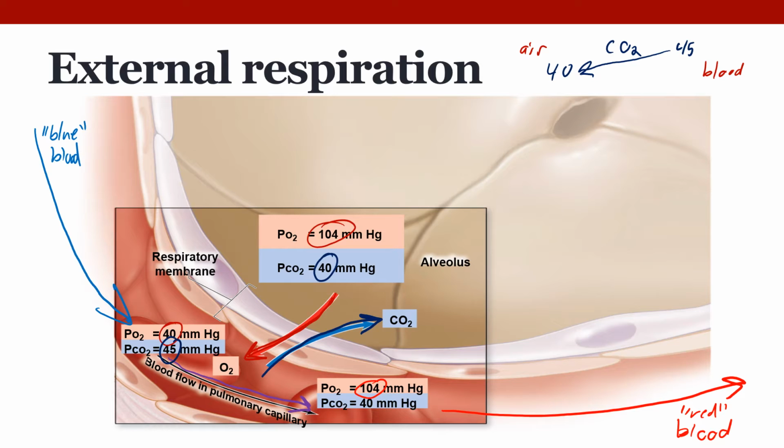How far down is it going to go? Well, as CO2 leaves the blood, its concentration falls until it reaches an equilibrium with the air in the lungs, so the blood leaving the lungs has CO2 that has fallen down to 40.